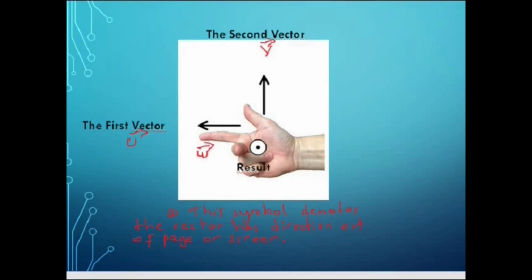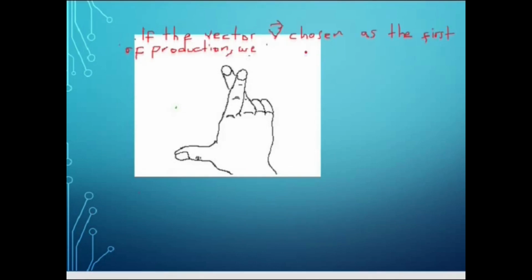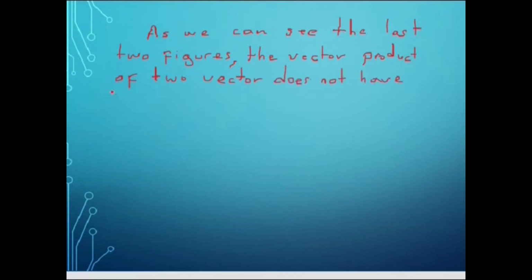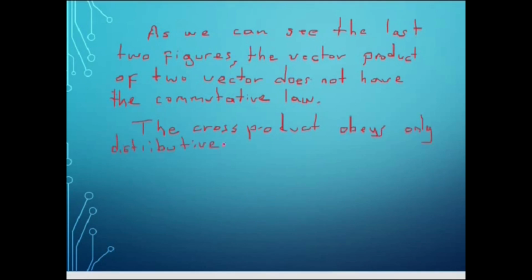If the vector v is chosen as the first of the product, we use the right-hand rule as this symbol denotes the vector has direction into the page or screen. As we can see in the last two figures, the vector product of two vectors does not obey the commutative law. The cross product obeys only the distributive law.